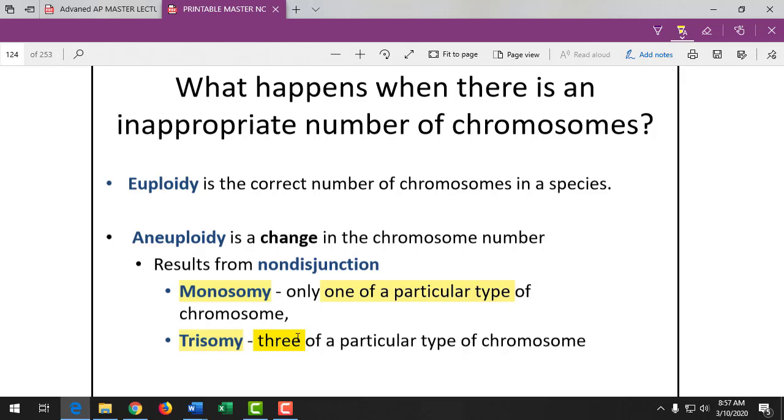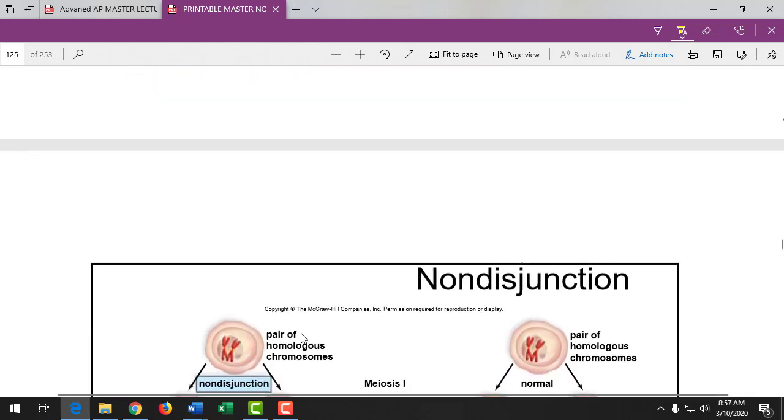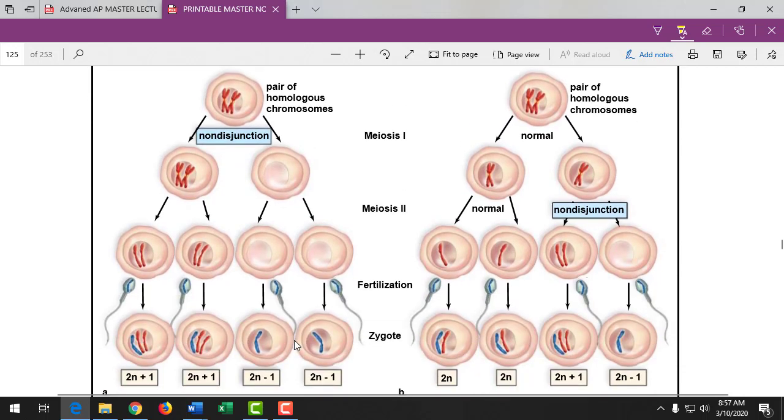A real popular trisomy condition that occurs in humans is Down syndrome. It's a disorder due to chromosomal issues with chromosome number 21, extra pieces of chromosome 21 or an entire extra chromosome ending up in that final egg that is fertilized.